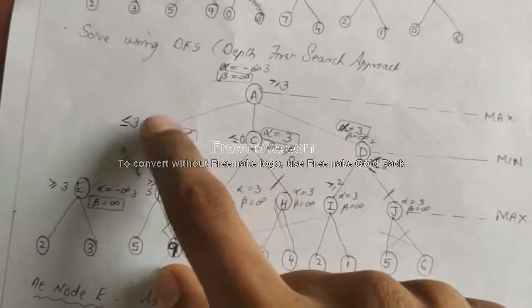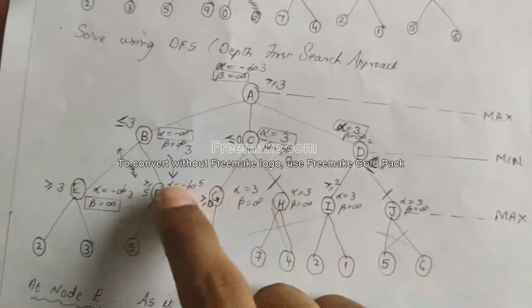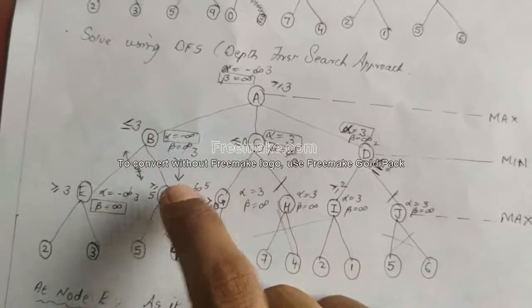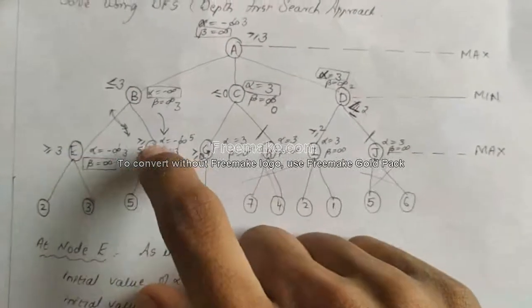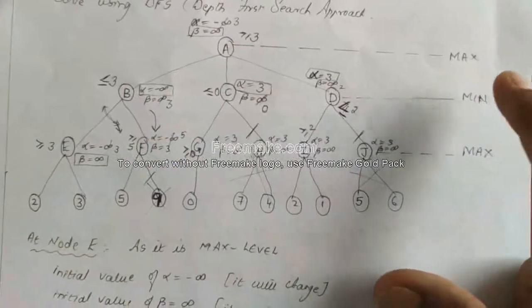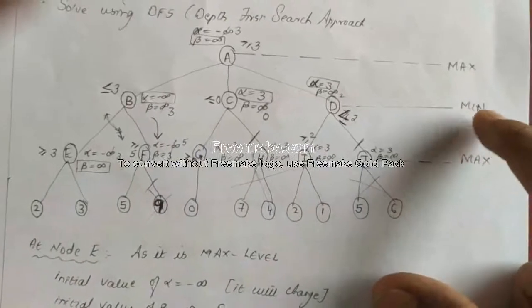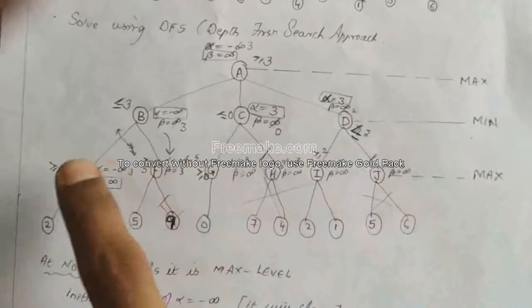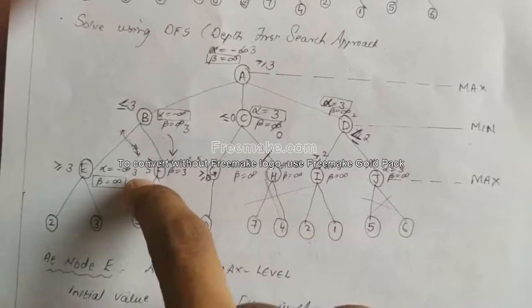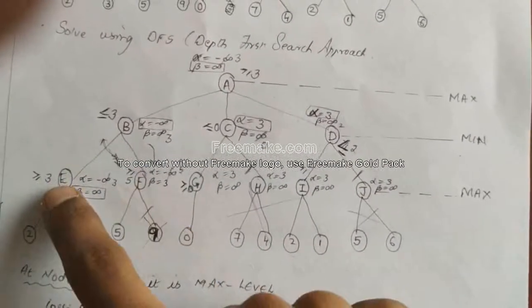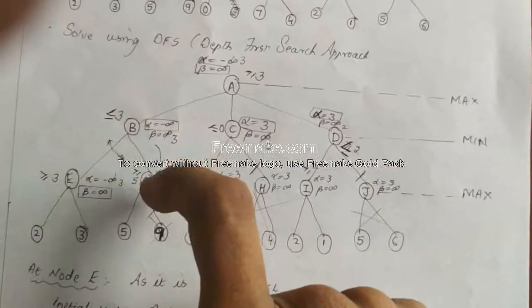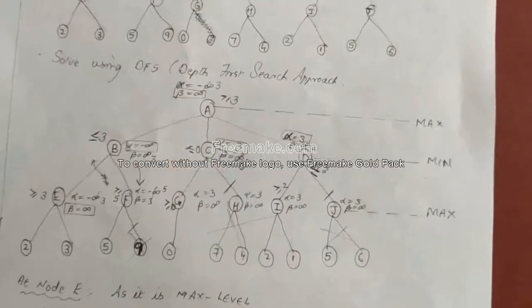But in order to decide the value of B, since there are some changes made here, we need to compare the values of E and F for minimum. Since the upper case, that is the top node, is of min case, 3 and 5 need to be compared for minimum. According to these both, 3 is the minimum value. So the value doesn't change, it remains as it is.